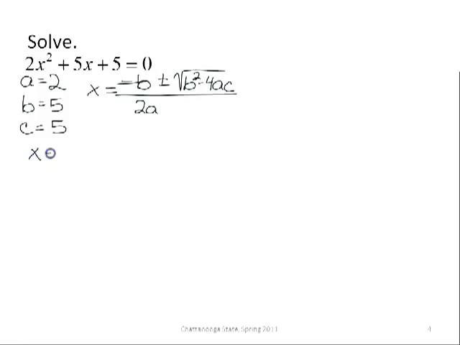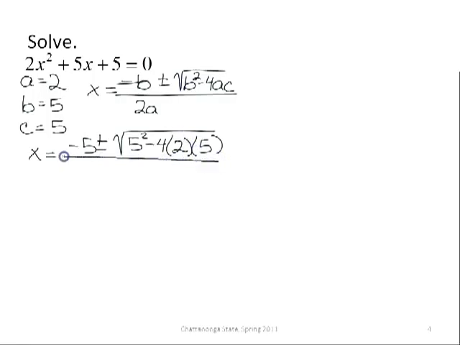So let me put some numbers into this. The opposite of b will be a negative 5. So we have negative 5 plus or minus the square root of 5 squared minus 4 times 2 times 5, because a is 2 and c is 5, all over 2 times a, which is 2 times 2.